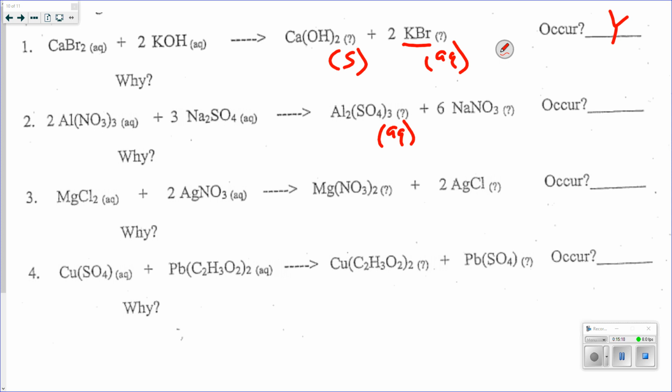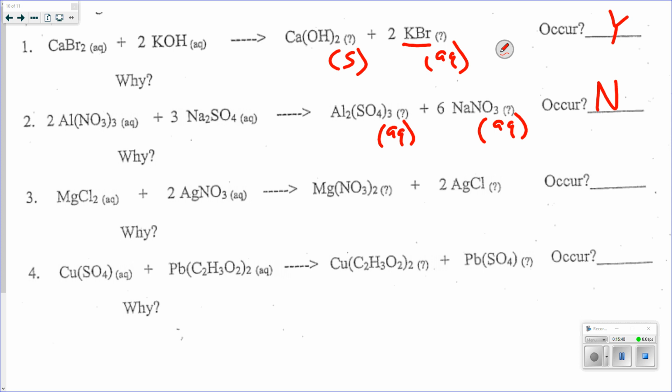Again, on your solubility table, S stands for soluble, which means it's a solution. Sodium nitrate. No, it does not. If I have two products that are both aqueous, that reaction does not occur.